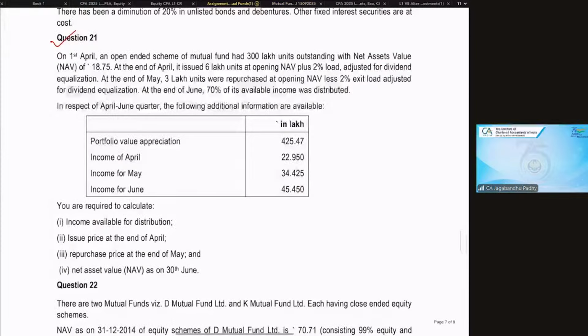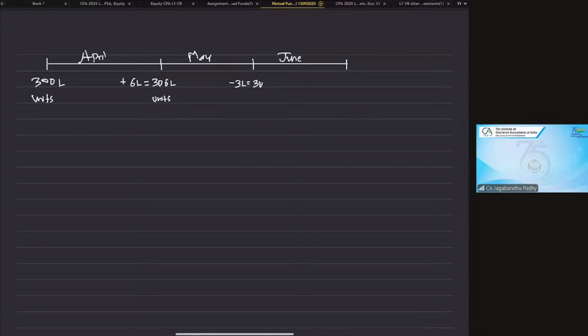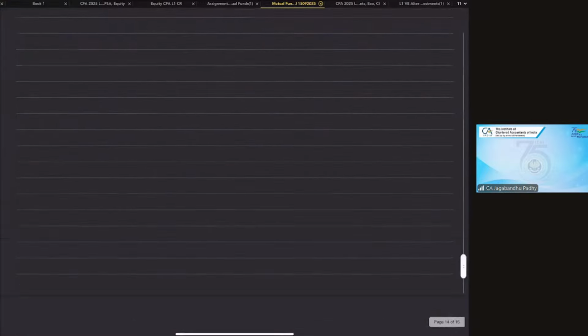At the end of May, 3 lakh units were repurchased. So we are left with 303 lakh units. So April and May have units coming in and units redeemed, and the balance left for June is 303 lakh units.